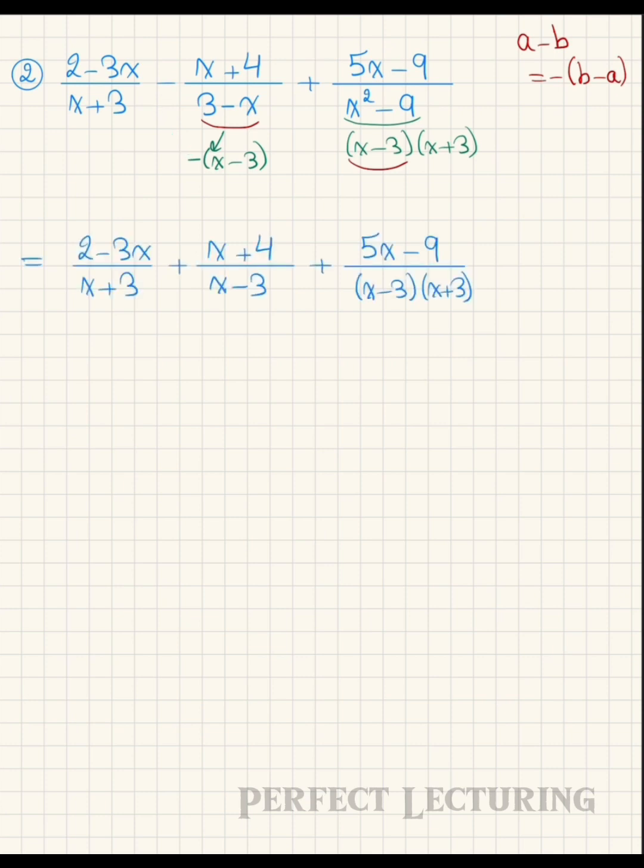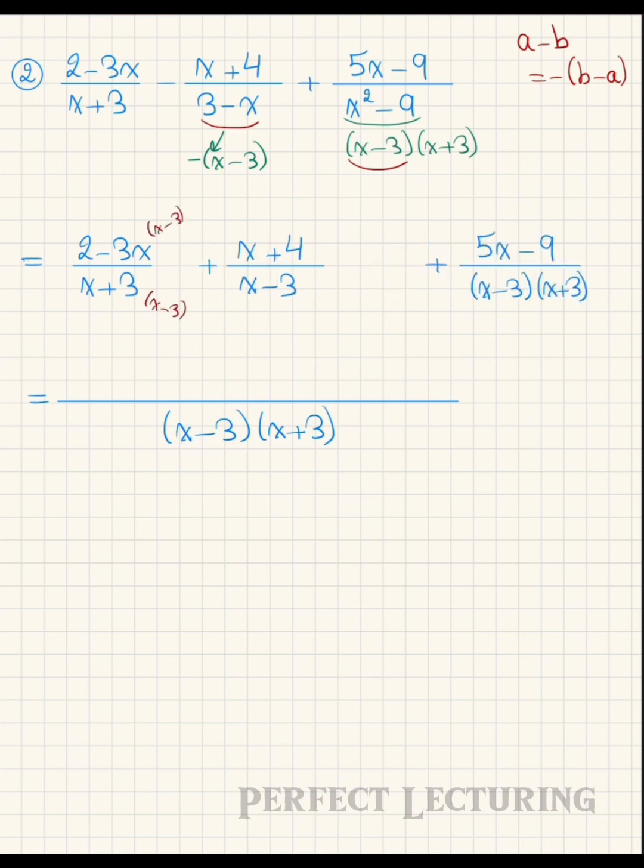All right. We are now ready to find a common denominator, which is x minus 3 into x plus 3. Let us now check if each of these terms is missing some factor and multiply by this factor. For the first fraction, we only have x plus 3, which means x minus 3 is missing. So I multiply up and down by x minus 3. For the second fraction, we only have x minus 3, so we multiply up and down by x plus 3.